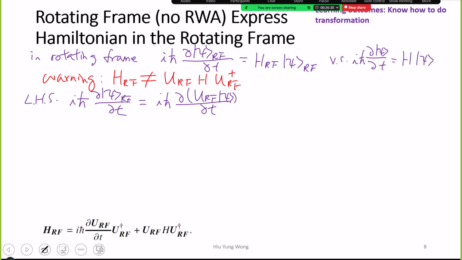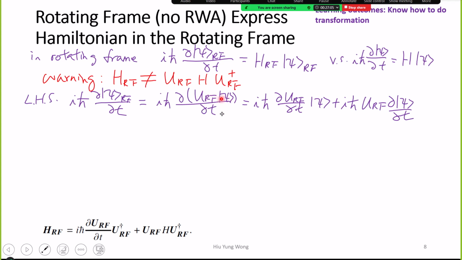And then I just apply the rule of differentiation. I get i h-bar. I first differentiate the first quantity, so it is partial U_RF, although this is a matrix. I will differentiate this first and keep the second quantity unchanged. And then I keep the first unchanged and differentiate the second one. Can you follow? No?